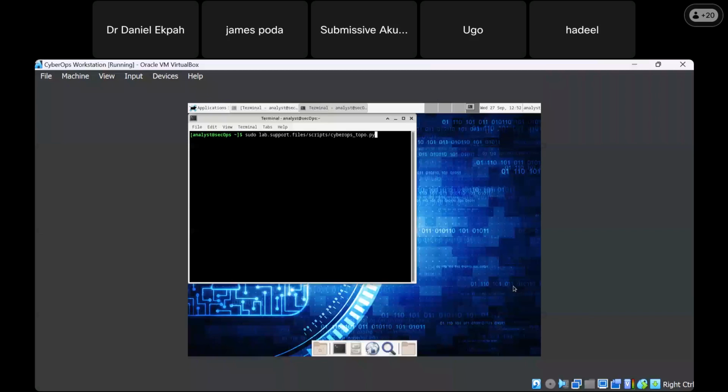The topology is actually software defined, and so you use the sudo lab support files command to capture and examine packets between the PC browser using the Hypertext Transfer Protocol, that's HTTP, and a web server such as www.google.com.